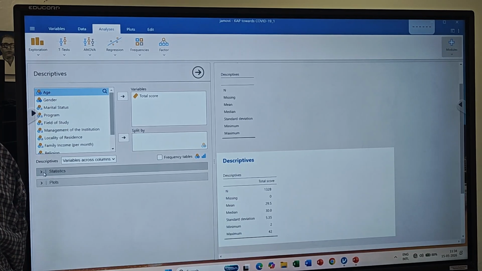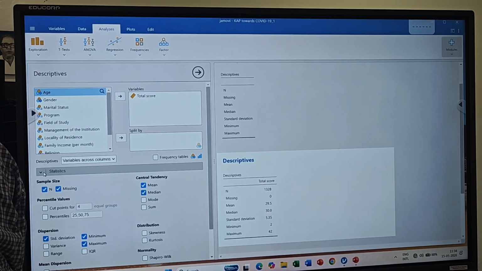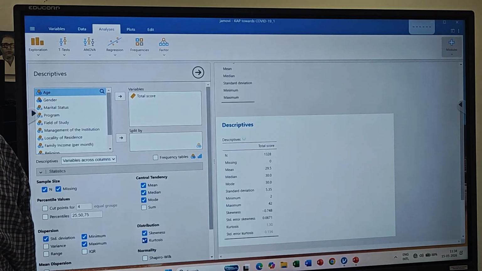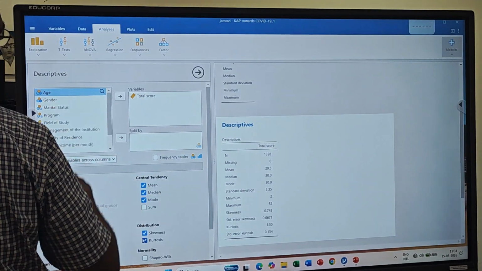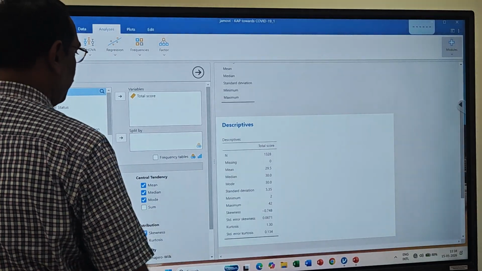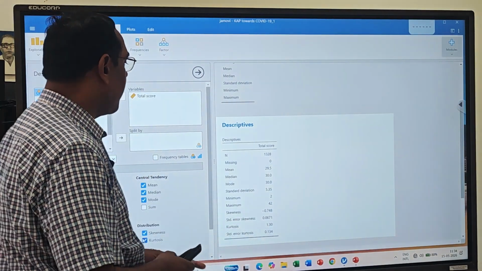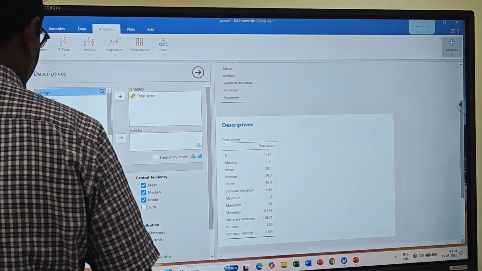Now you have the statistics. Just click, that's all. You can get the values, modes. The values are being populated, skewness too. From here only I took the data and showed it in the PowerPoint. The skewness value, standard error, those things I have taken, and we divided and saw the value.